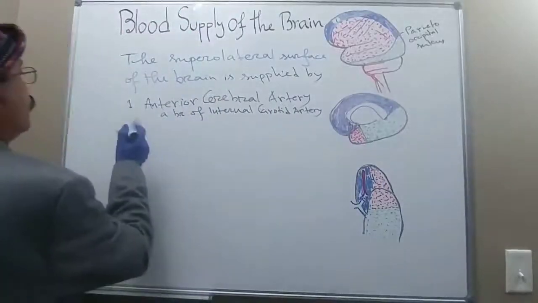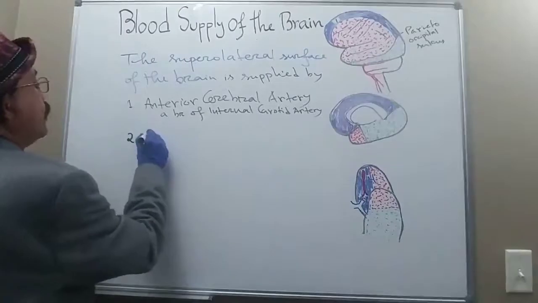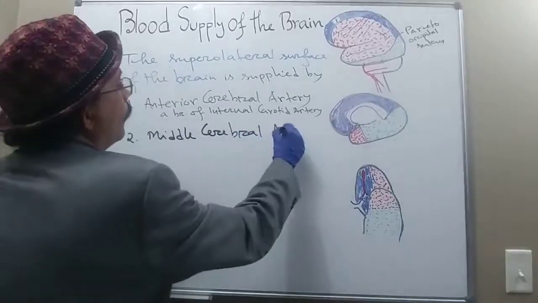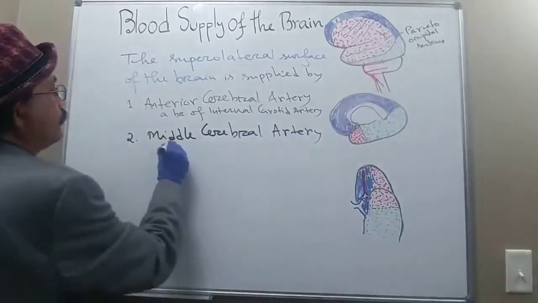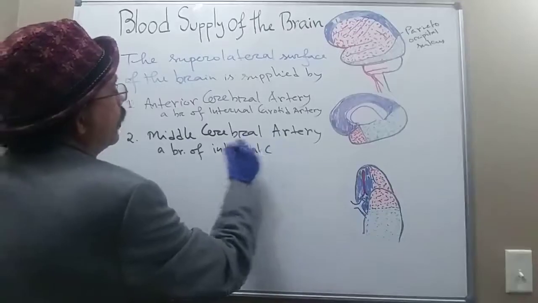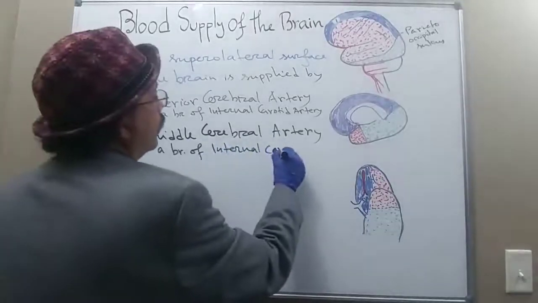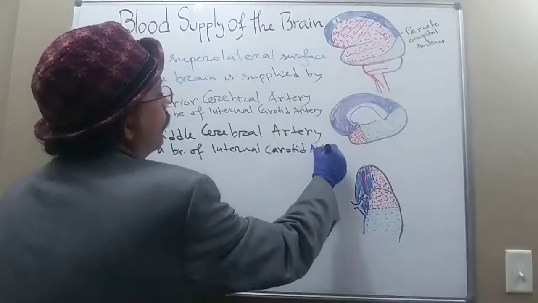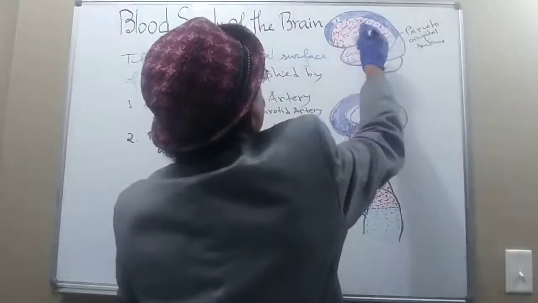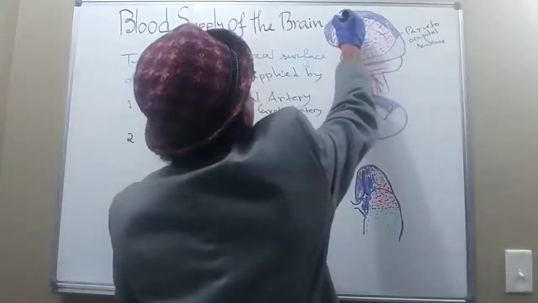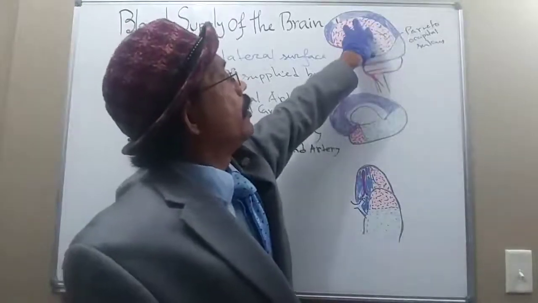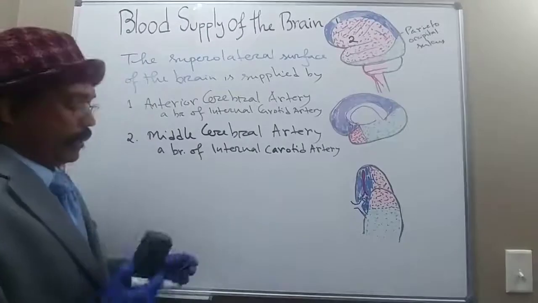So this area is supplied by the anterior cerebral artery, and this part is supplied by the middle cerebral artery.